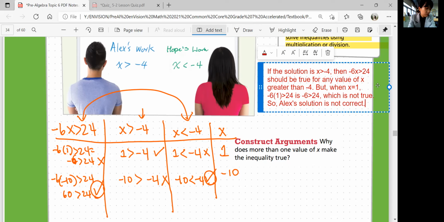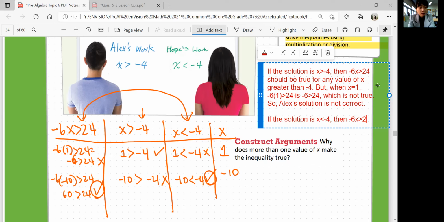Okay. In the same way, if the solution is x less than -4, then -6x greater than 24 should be true for any value of x less than -4.